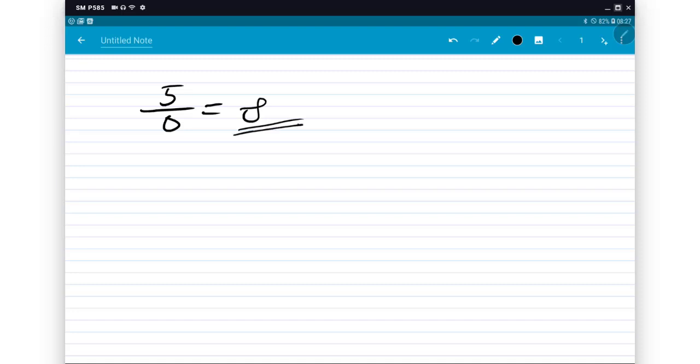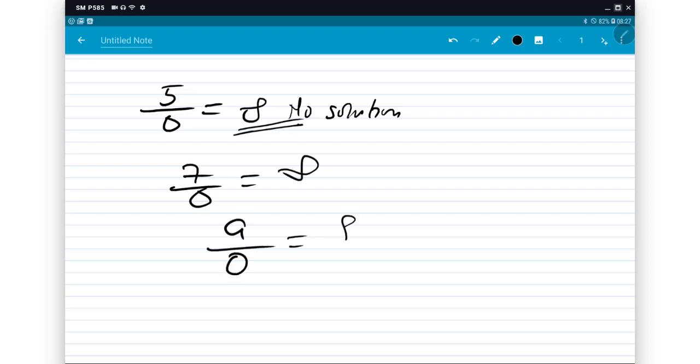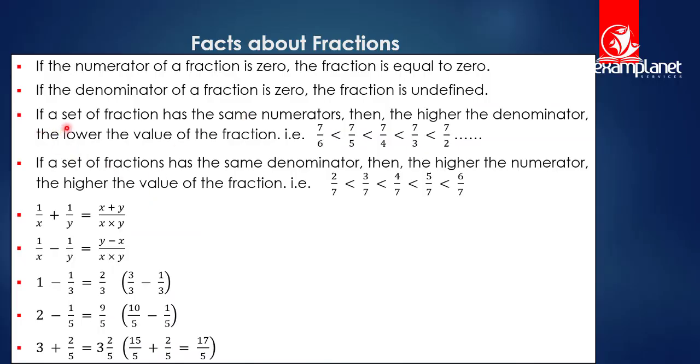No solution, no answer. 7 divided by 0, no solution. 8 divided by 0, no solution. That's why 0 divided by 0 is also no solution. So when you have 0 as your denominator, there is no answer. It is undefined.